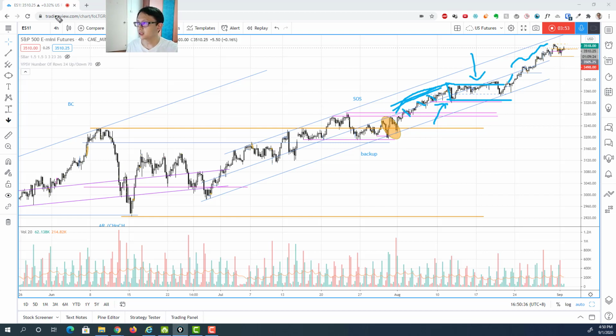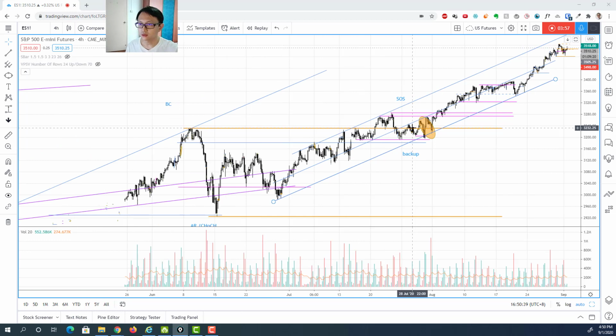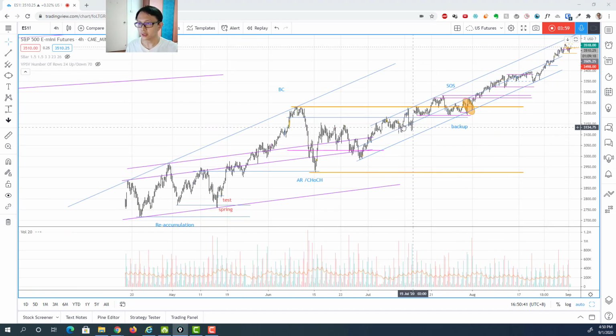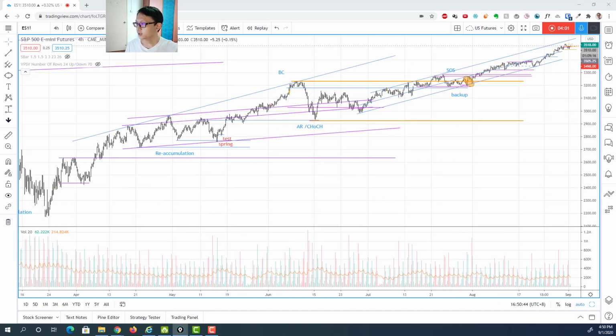So let's take another look here. Let me delete this and zoom out a bit more. All right, you can see that prior to that we have another trading range. Or let me just start from the bottom of March here. This is the bottom of March this year, and subsequently we have this uptrend.